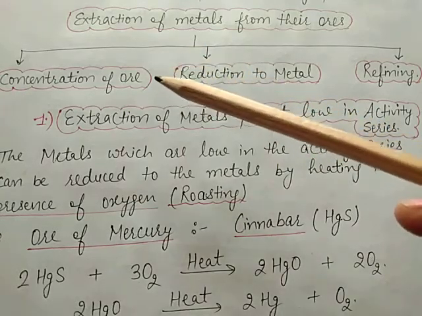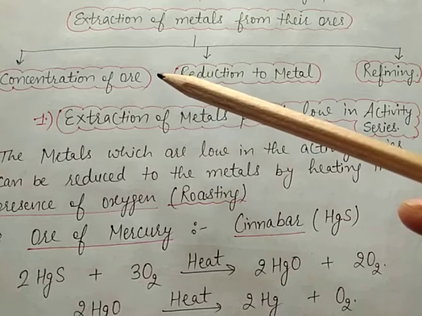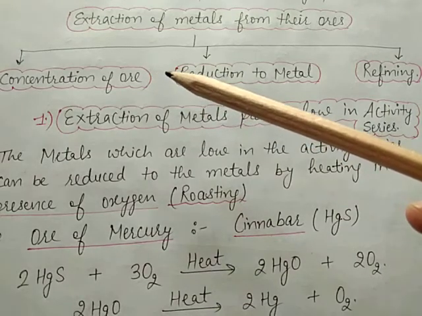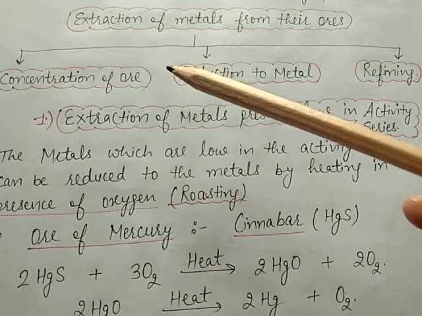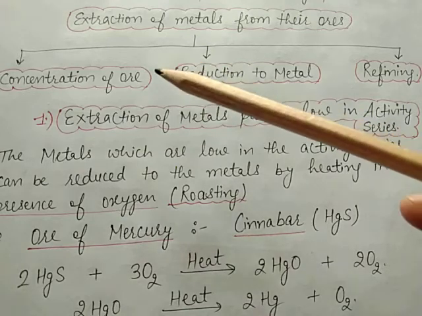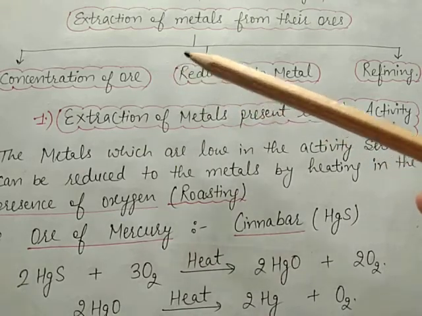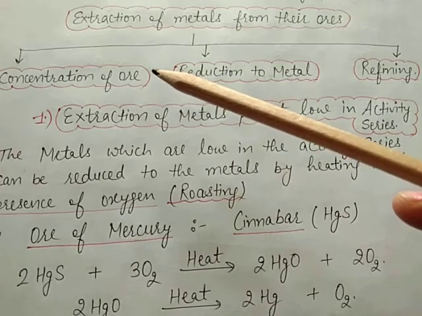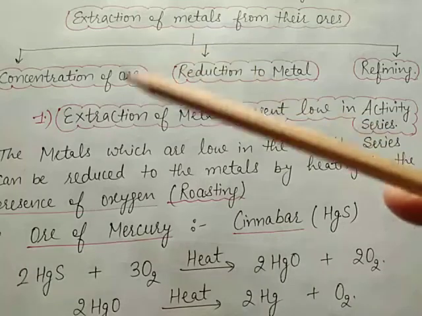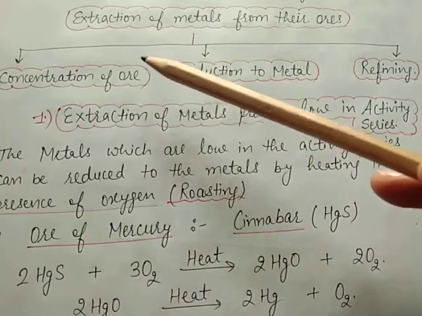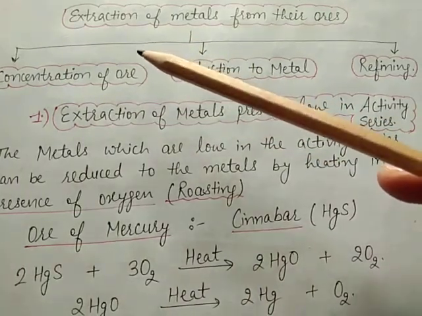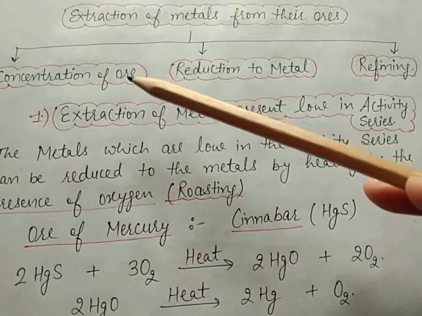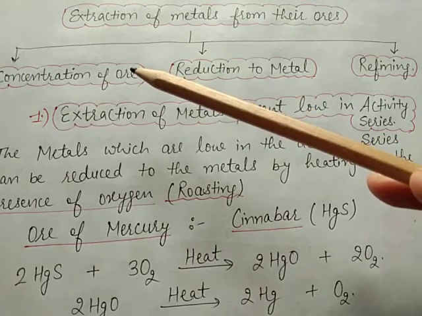Because the ores are associated with earthy impurities which have to be removed before the isolation of metals. These impurities are called gangue or matrix. So the removal of these impurities is called concentration of ores, or it is also called ore dressing.